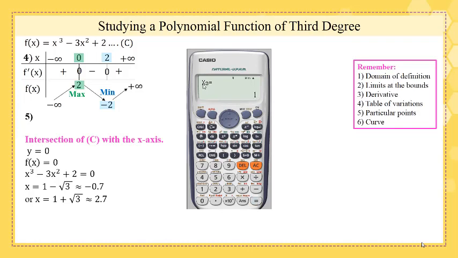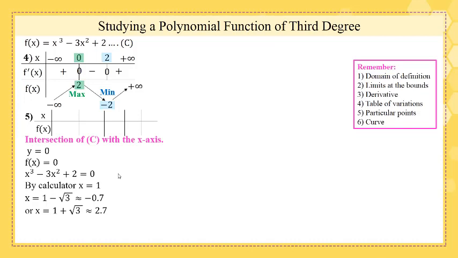The third root, which is denoted by x3, equals 1. If we press equal again, we get the coefficients of the polynomial. We got the coordinates of 3 points: (1, 0), (minus 0.7, 0), (2.7, 0).